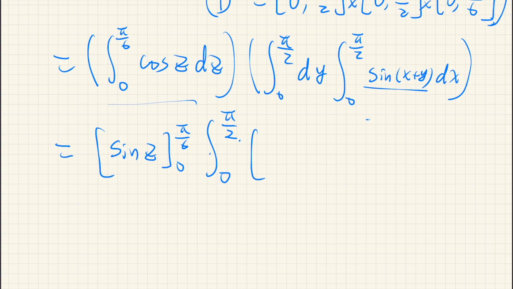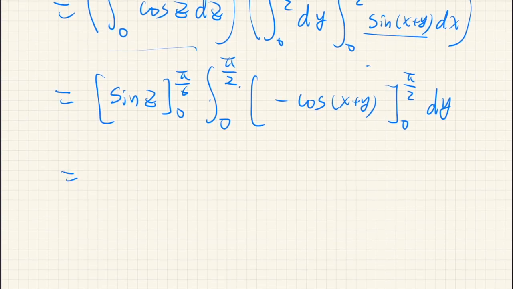Sine of x plus y, if we integrate with respect to x, then we have negative cosine of x plus y, from 0 to pi over 2, and dy here. So sine pi over 6 is, what is it? I think that's 1/2. And sine 0 is 0, so this part is just 1/2.